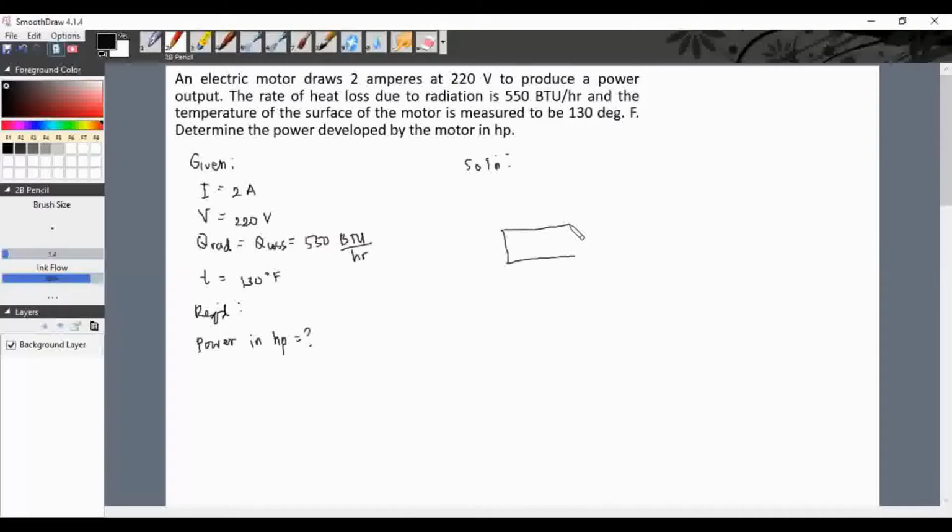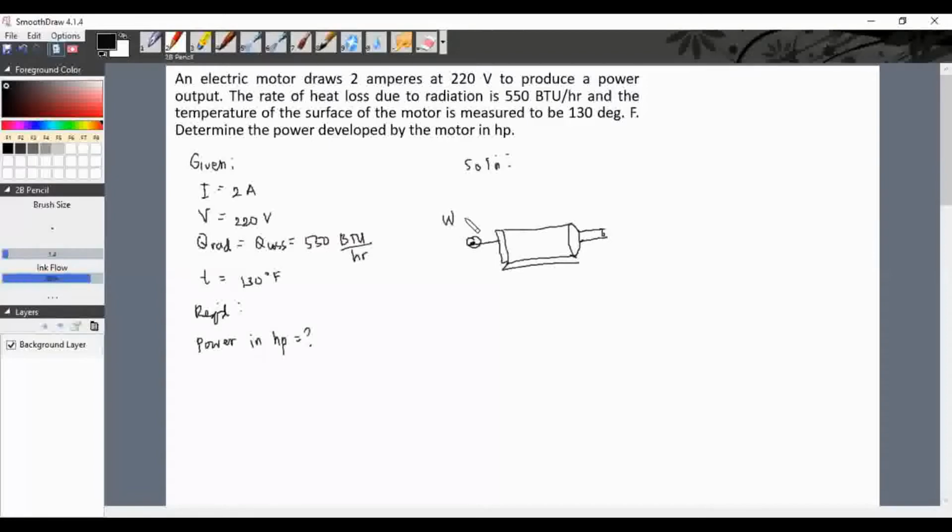So titingnan natin, let's say ito yung motor, no? Okay? So of course, connected yan sa electrical supply. So ipapasok dyan na let's say power, no?